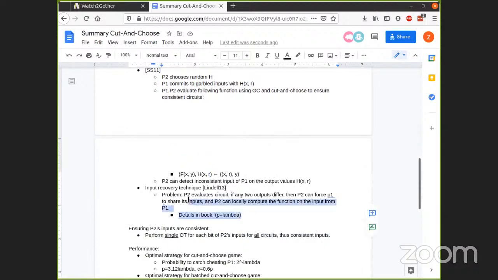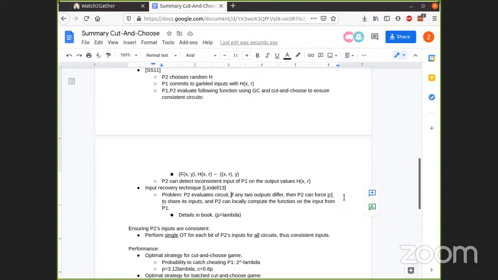And the other strategy is this Lindell thing, which they call the input recovery technique. I'll start off by how it works loosely, though we just saw it. P2 evaluates the circuit, and if any two outputs in the circuit differ, then P2 can force P1 to share its input.